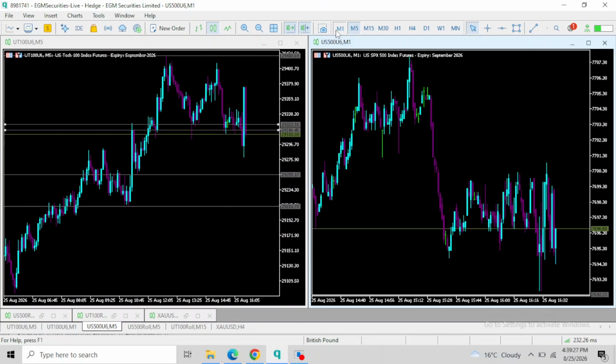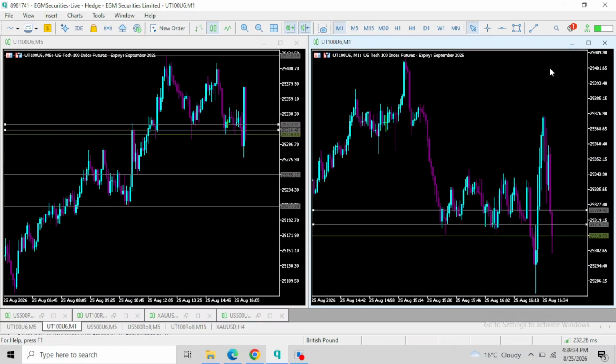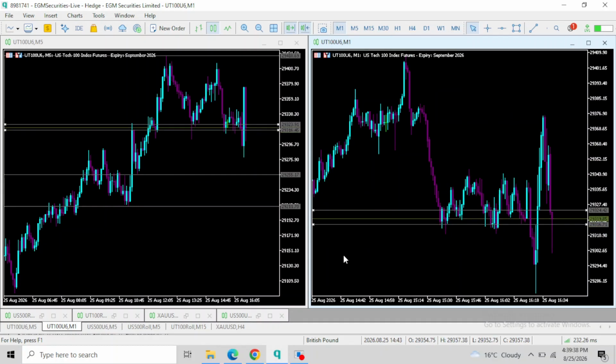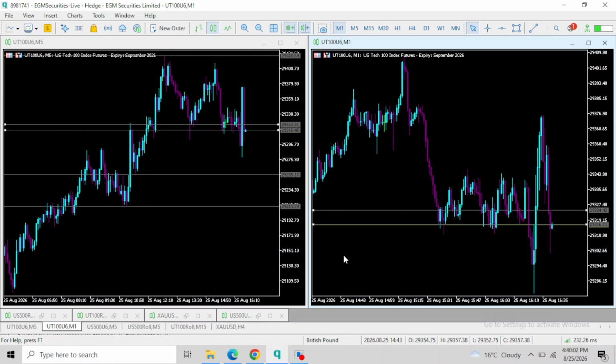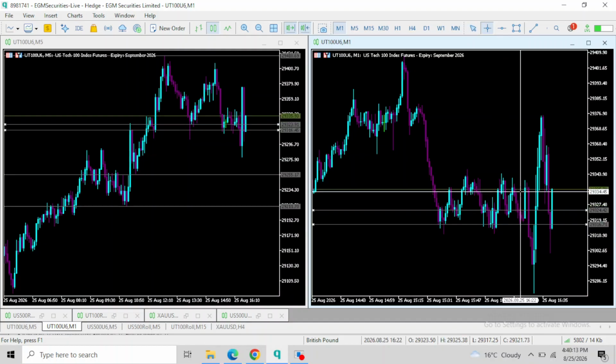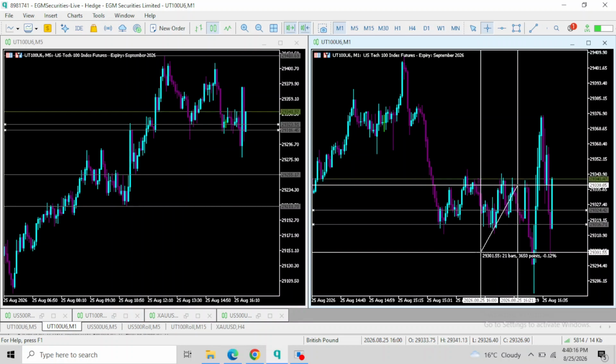So ES seems to be lagging above while Nasdaq seems to be going lower. The price action on ES is shitty. So let's see how Nasdaq will react. So we have a candle closure below. I am looking for this. Before I take any buys, I'm looking for this gap here to be inversed. Then and only then I will consider some buys.